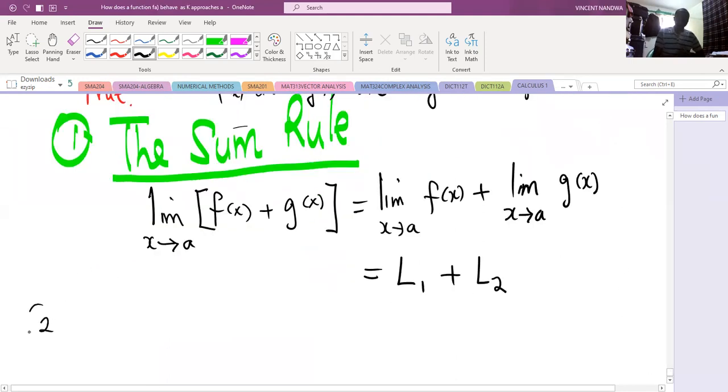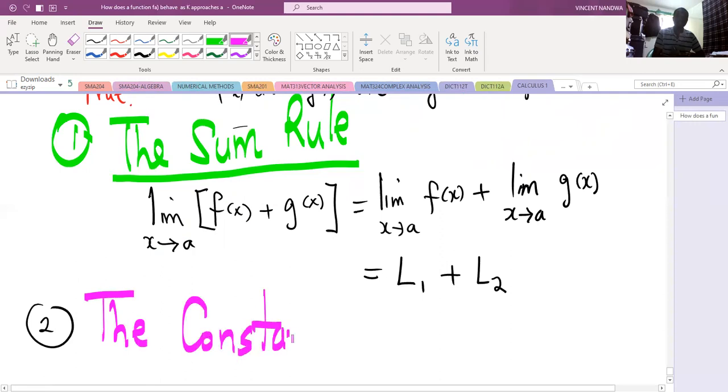So number two is what we call the constant multiple rule.